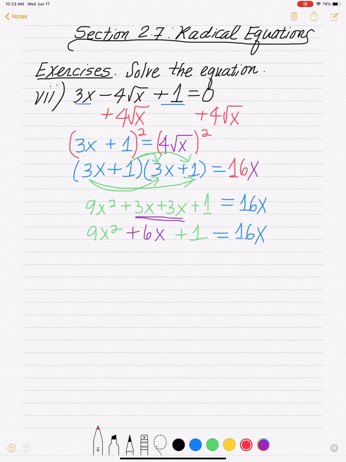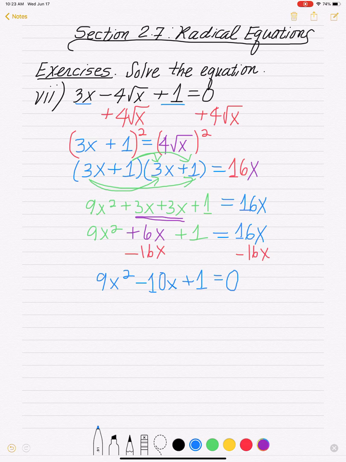We're going to subtract 16x from both sides. So everything is now on the left. So we have 9x squared, 6x minus 16x. What's 6x minus 16x? That's minus 10x. And then we have plus 1. Then we have an equal sign, and then on the right side, we're going to have 0, right? 16x minus 16x is going to give us 0.